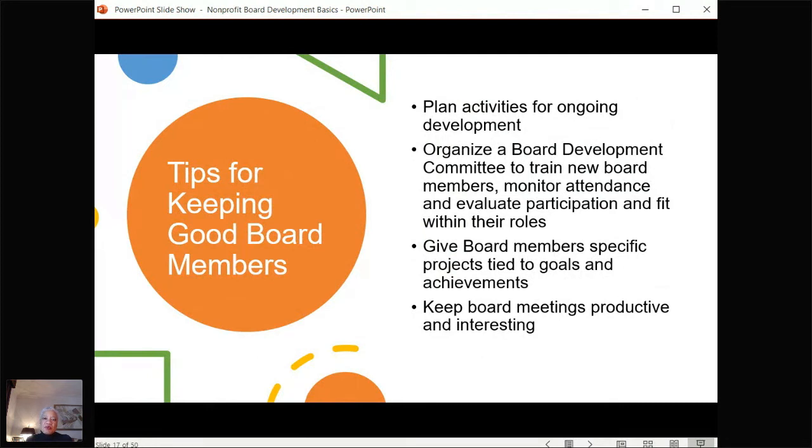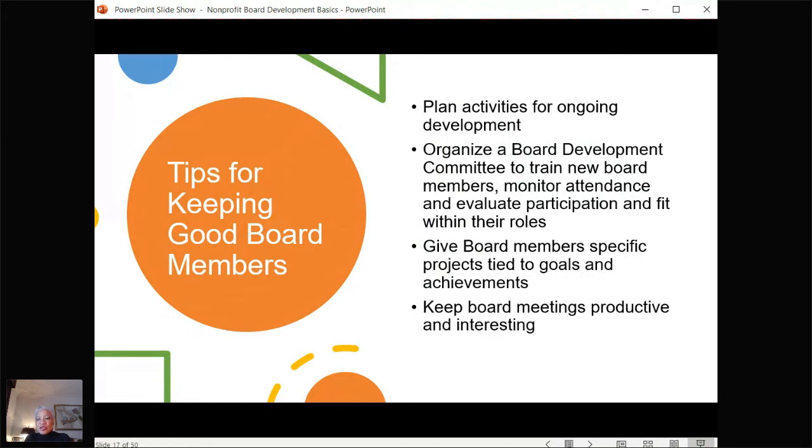There might be program development workshops, grant writing workshops, board development workshops, workshops on 990s to help them understand what to look for, anything that you think would help strengthen their ability to do their job as board members.